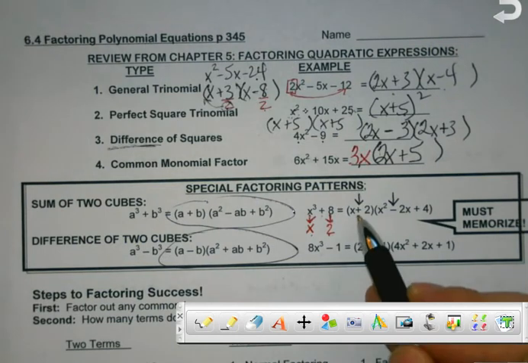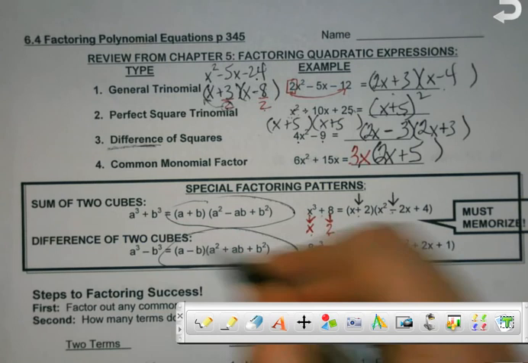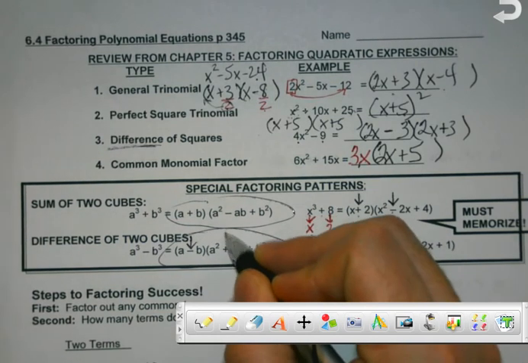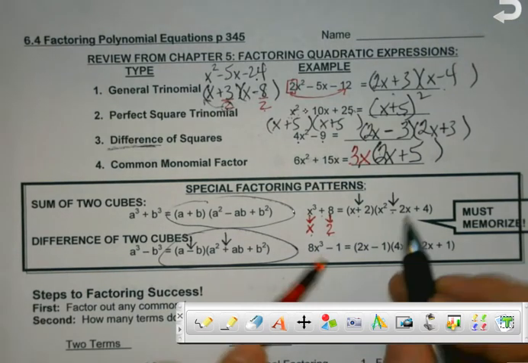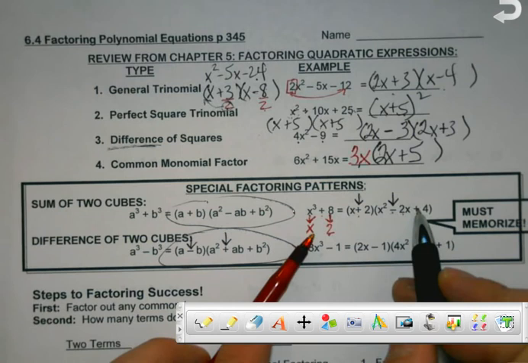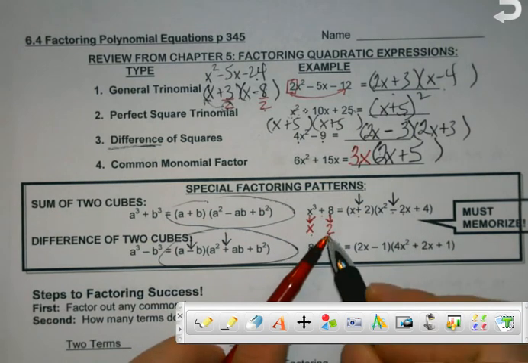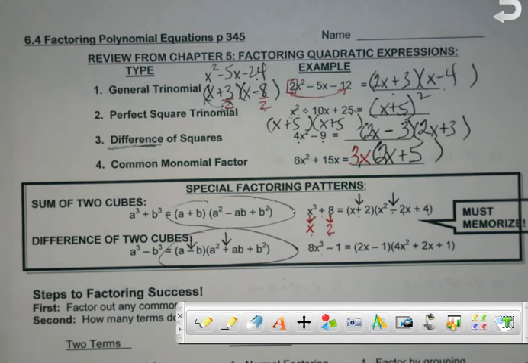So if I start with plus, this has to be minus. If, for instance, here I start with minus, the next one has to be plus. Otherwise, it doesn't work out right. So I go minus 2 times x is 2x, and then plus my last term squared. So 2 squared is 4. That's the pattern that we're going to run.